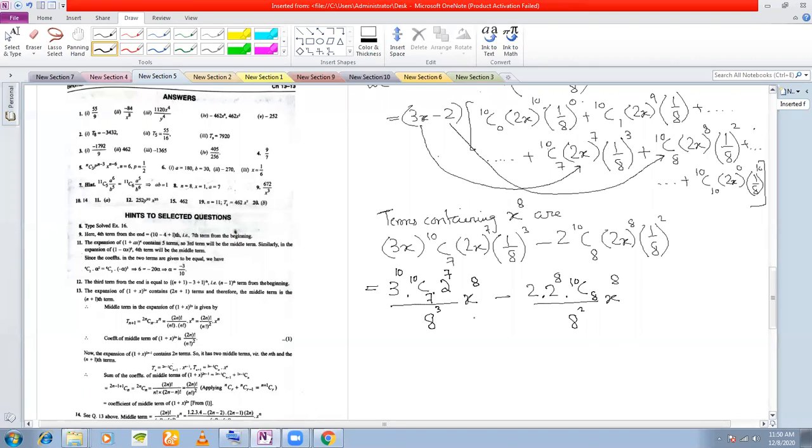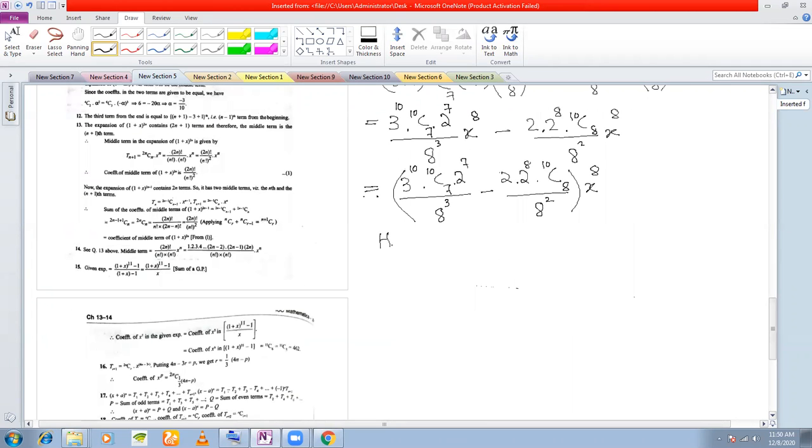This is what you're going to get, the terms containing x to the power of 8. So what is the coefficient of x to the power of 8? You take common 3 to the power of 10 into 10C7 into 2 to the power of 7 by 8 cube, minus 2 into 2 to the power of 8 into 10C8 divided by 8 square.